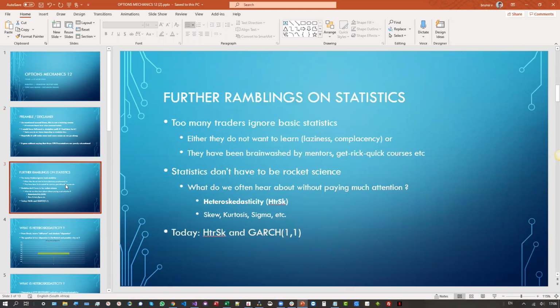So today, further ramblings on stats, and I'm going to try and make it as easy as possible. I'm not going to go into very complex mathematics, but today's topic is that very long name, heteroskedasticity.